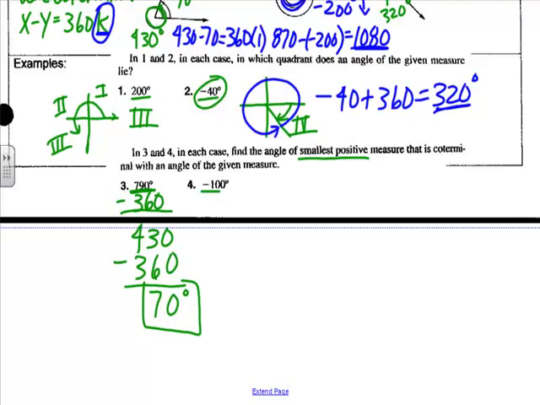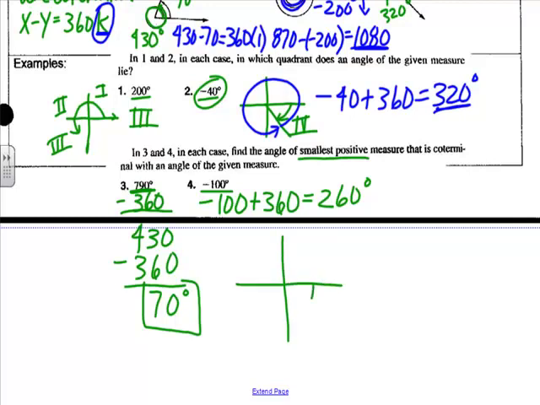Now, if instead I'm given a negative angle and I want to get to a positive one, I'm going to do the opposite. I'm going to put a wrap on, thinking in the opposite direction. If I add 360, I will get to the exact same terminal ray if I were to use 260 degrees. And just to visualize that one, think about negative 100.